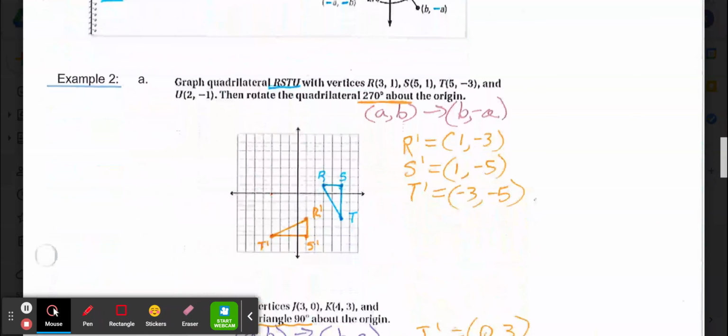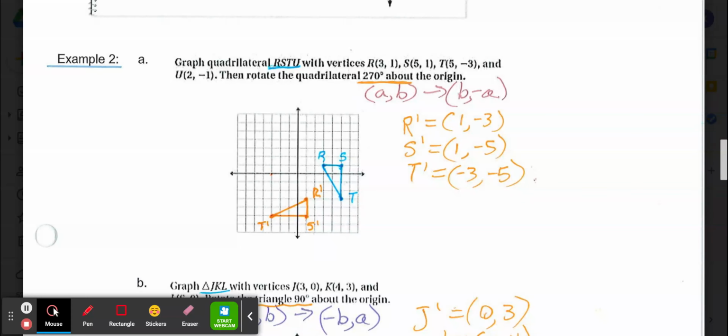So example 2, part A, is talking about one of those special rotations at 270 degrees. So we're going to use our rules. If our original points were (A, B), the 270-degree rule tells me B comes to the front, A moves to the back and becomes a negative.